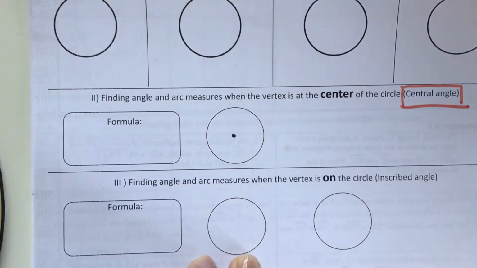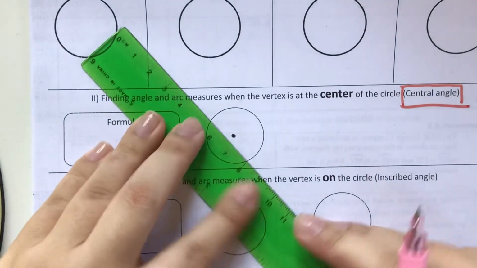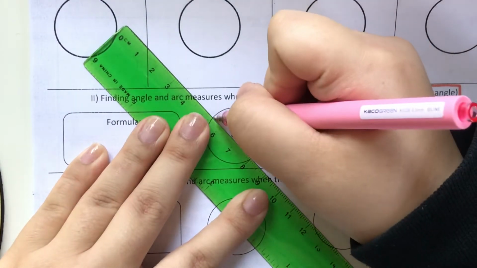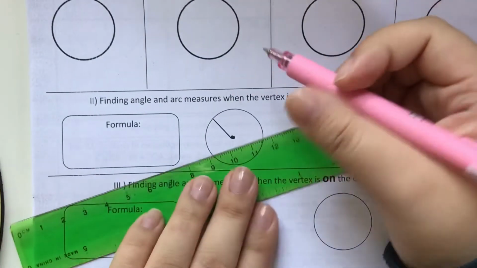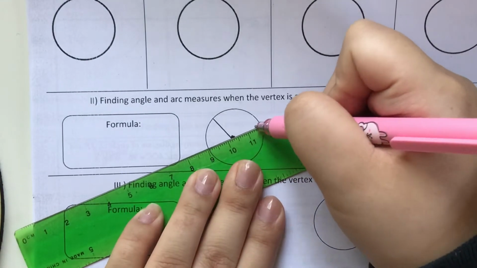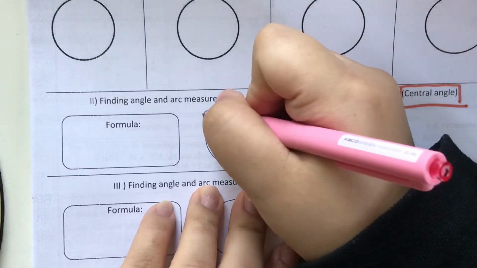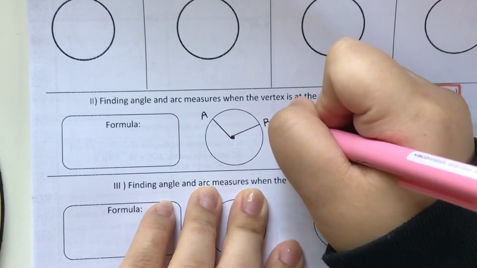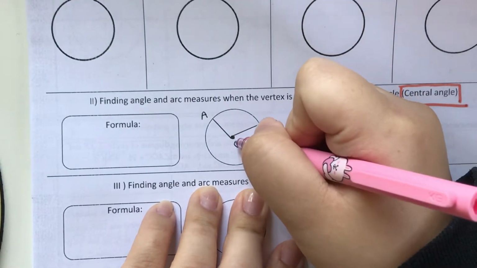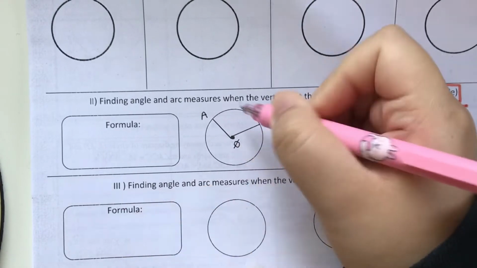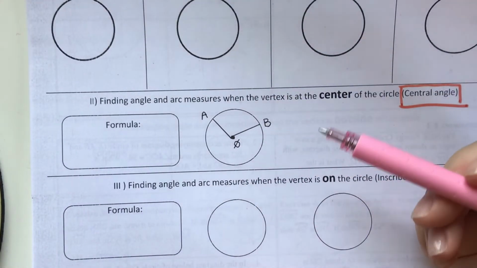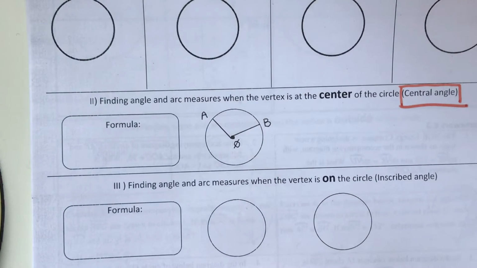The center never changes, right? So let's draw an angle where the vertex is at the center of the circle. So right here, I'm going to label this A, B. Usually it's O because it's the center. Don't mistake it for the number 0.